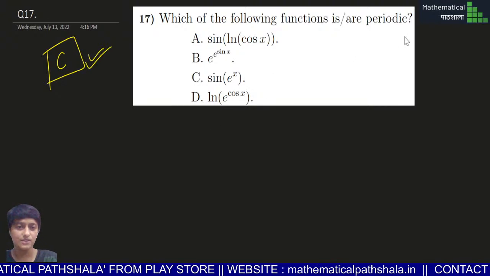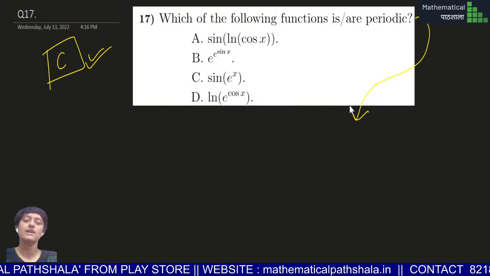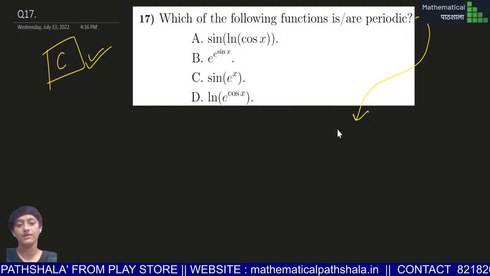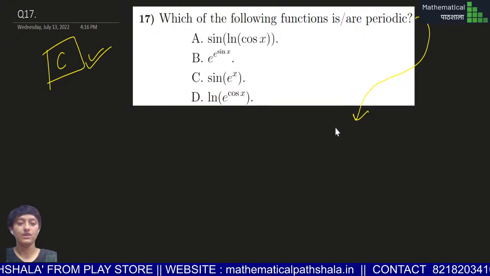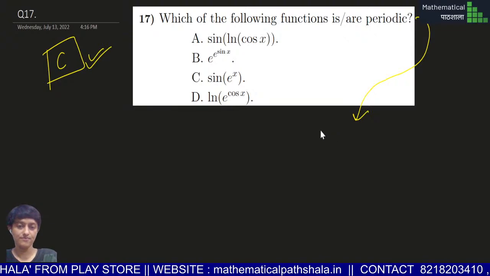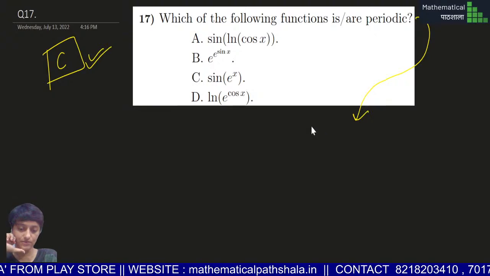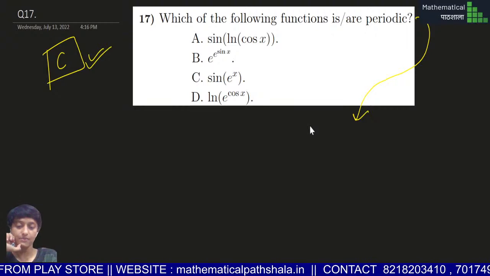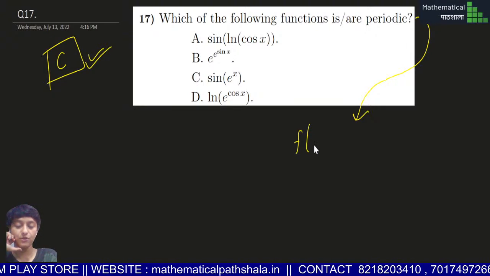So first, please tell me what is the definition of periodic. When we say a function f is called periodic. Let me tell you. Please tell me in the comment section if you know already. So a function f is called periodic.